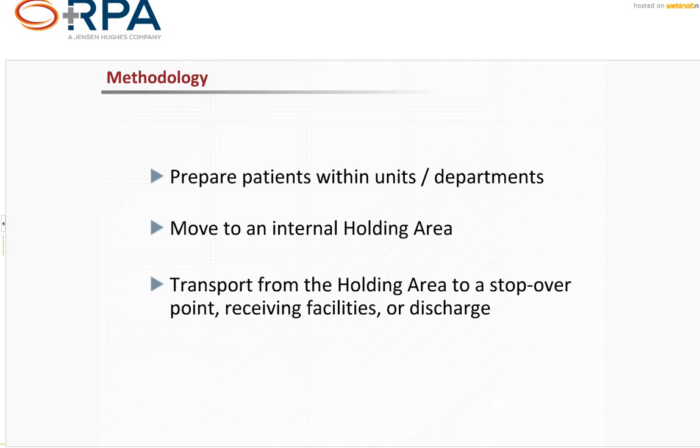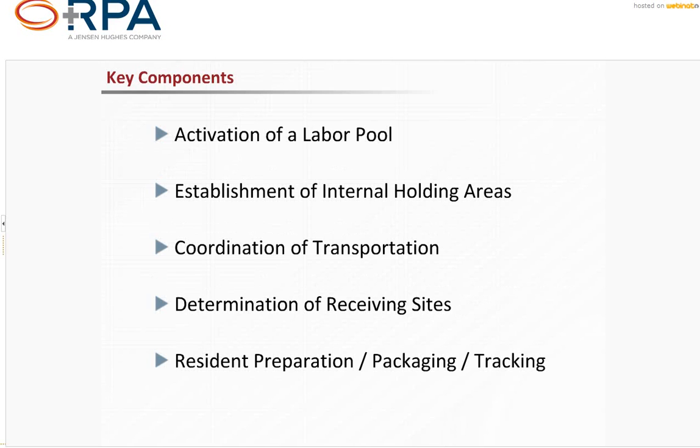We can go from skilled nursing to a hospital, but we can't go from skilled nursing down to assisted or independent living. I'd also add that it's easy to say skilled nursing to skilled nursing, but even that is not like for like care unless the services match what that patient needs at that skilled nursing facility.